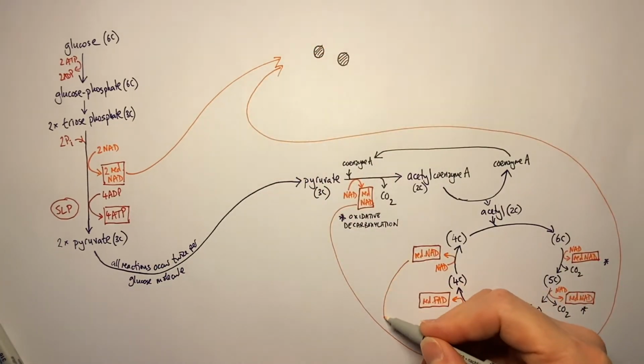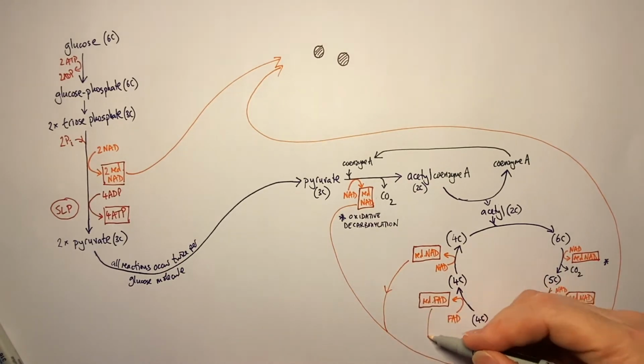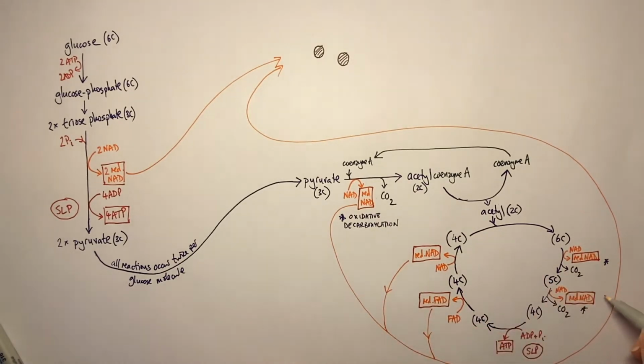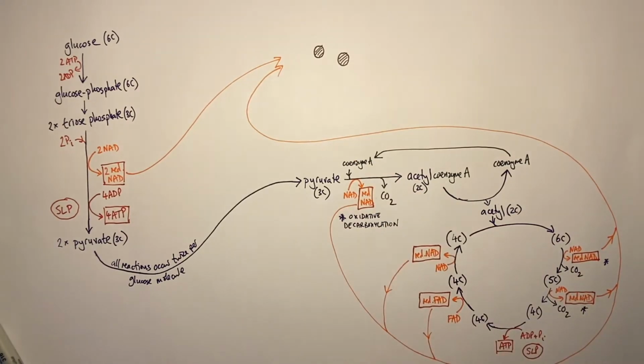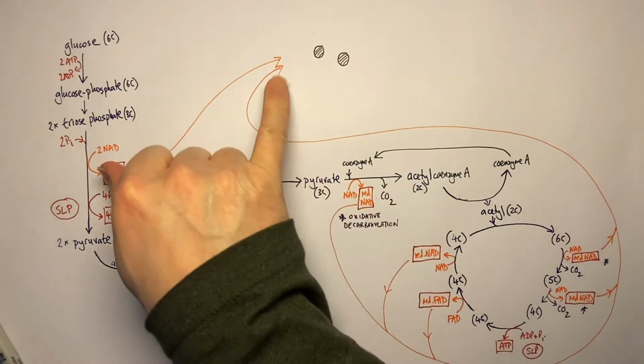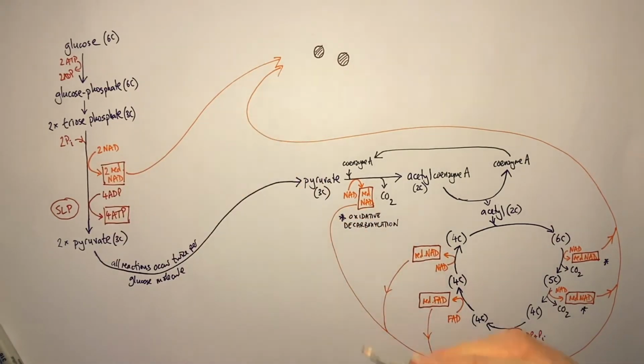So I'm just going to have these joining on to here. Like so. And reduced FAD here is a little bit different. So we're going to have that coming off in a bit. So all these reduced NADs and the FAD move to the inner mitochondrial membrane.